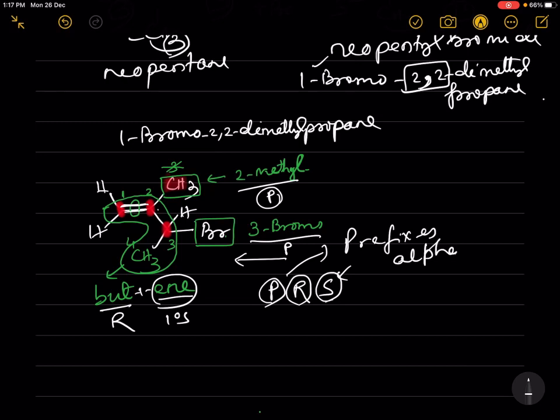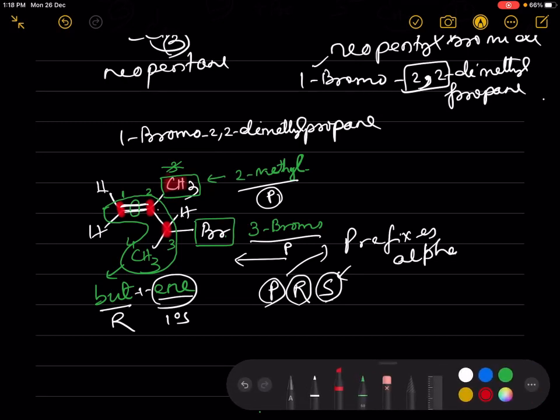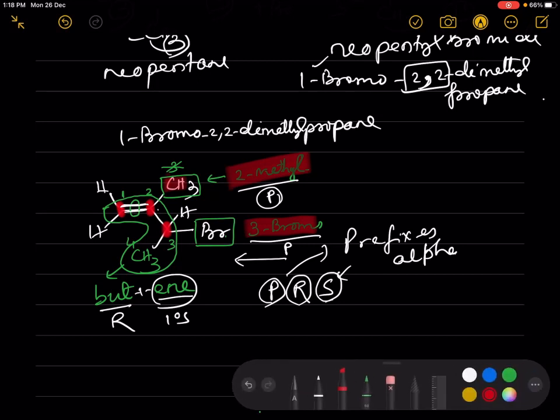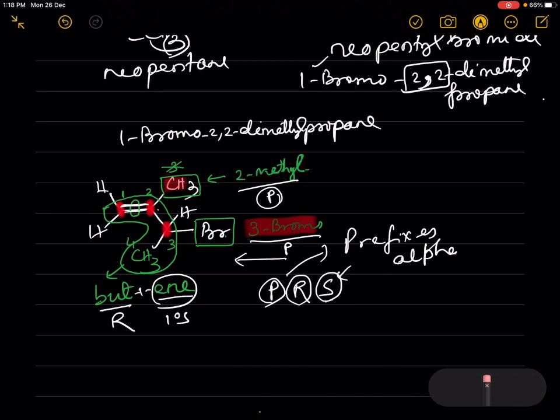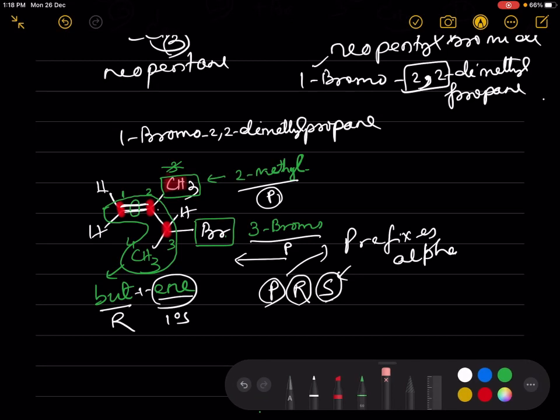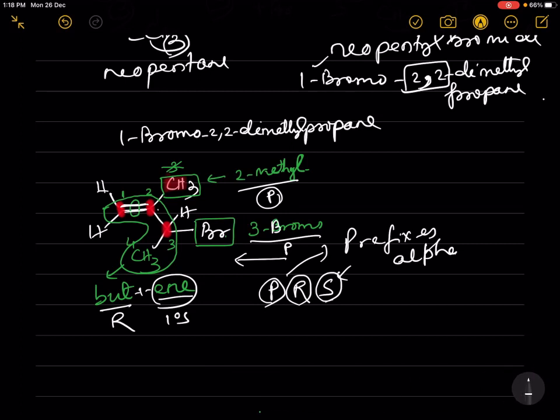So how many prefixes are there? 3-bromo, 2-methyl are 2 types of prefixes, so that should be written in alphabetical arrangement. Let me write B, M. So 3-bromo, then 2-methyl, prefix part is finished.